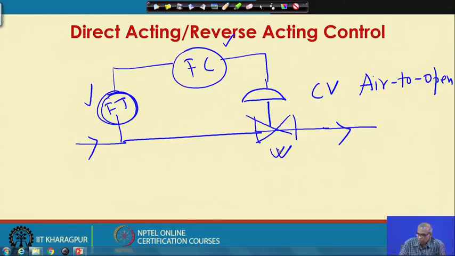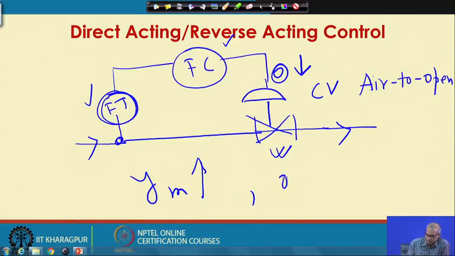So, closing the valve will mean that the output signal should decrease here. So, the measured value increases, output of the controller decreases. That is the requirement to have the control. So, the controller is reverse acting.